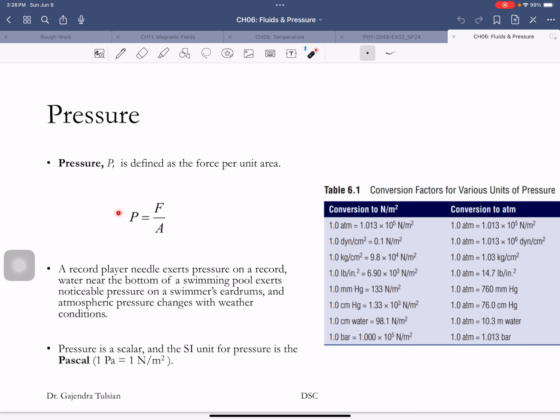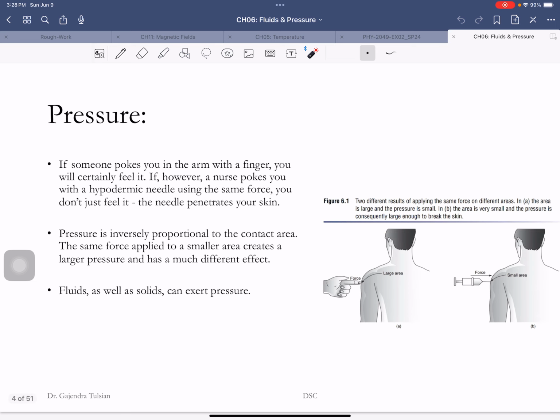So pressure is force per unit area. For instance, when this person applies a force there, and you apply an equal force with a needle, the needle tip has a much smaller area.